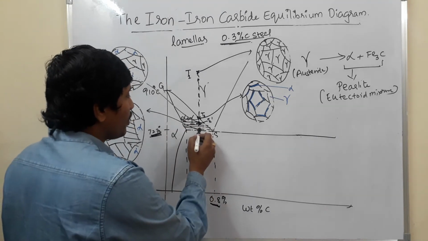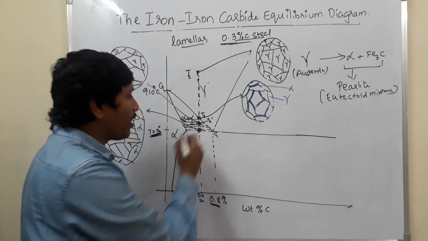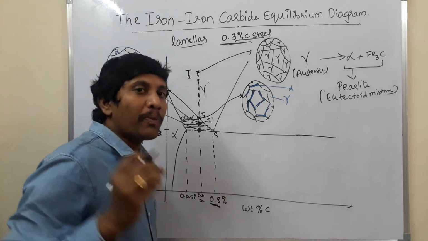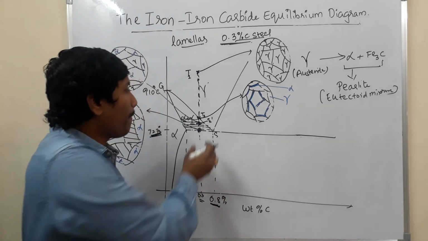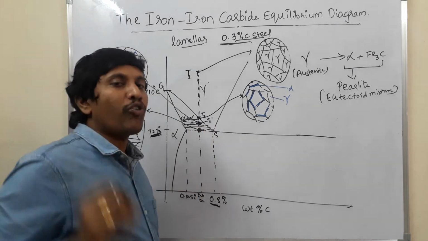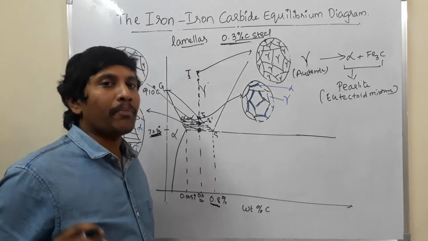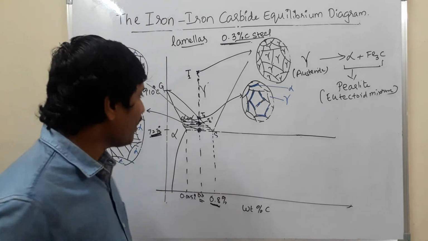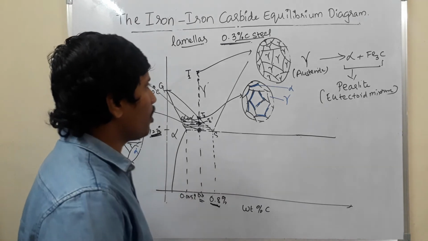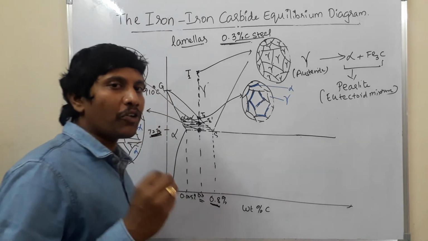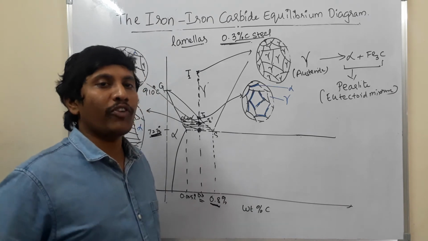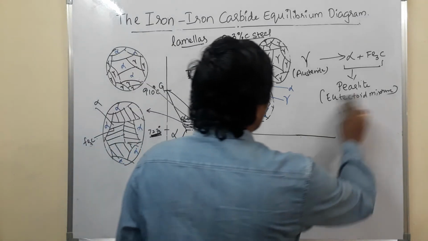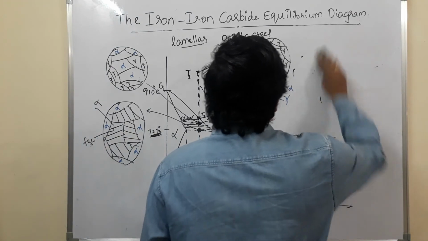At this point, how much percentage of pro-eutectoid ferrite and how much percentage of pearlite is formed can be calculated by means of lever rule. What is lever rule? Lever rule states that amount of phase present is inverse of its length.